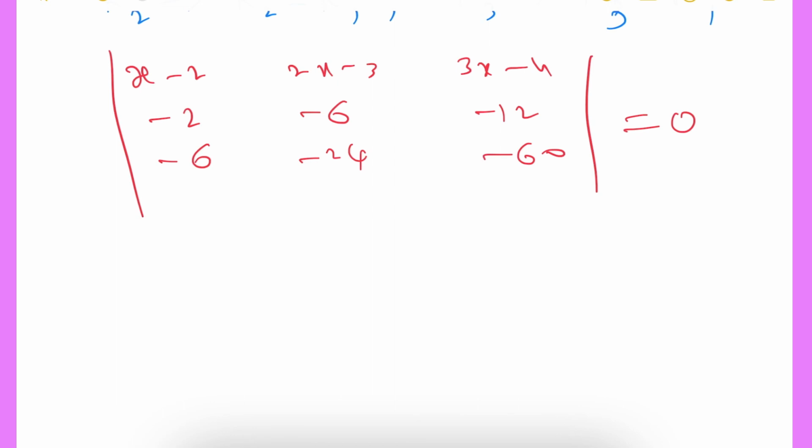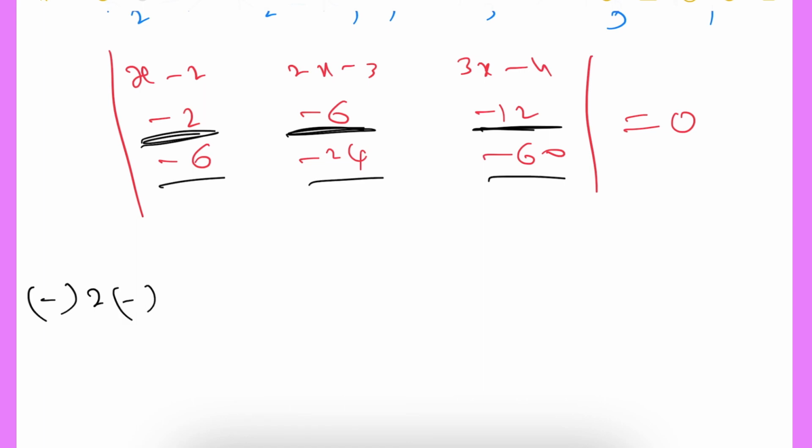Okay, now second row, if we observe, minus 2, minus 6, minus 12. Minus symbol I will take common. Then 2 will come in 2 table, 6 will come in 2 table, 12 also will come in 2 table. So 2 also I will take out. Then from the third row, minus I will take common.